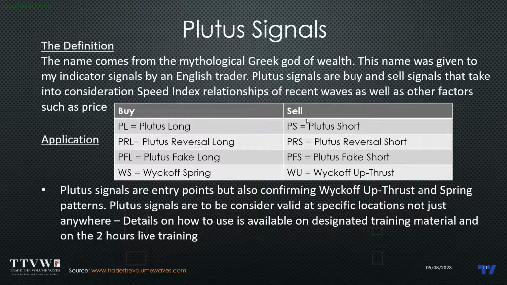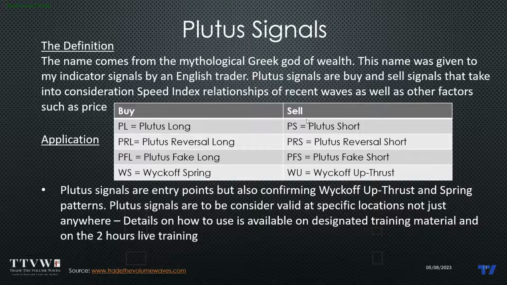This name was given, not by me, to my indicator signals by an English trader because he was really amazed by them. So Plutus signals are buy and sell signals that take into consideration speed index relationships of recent waves as well as some other factors.